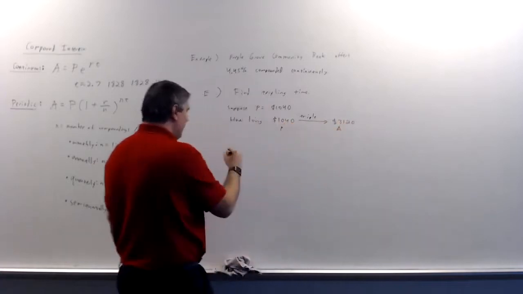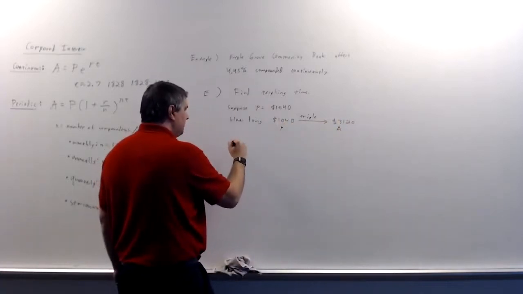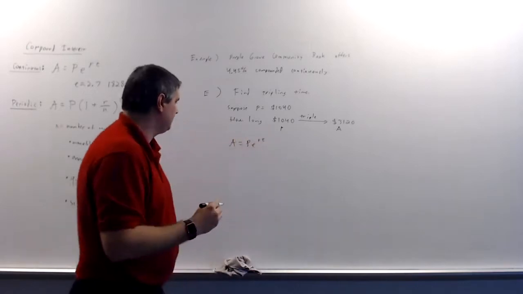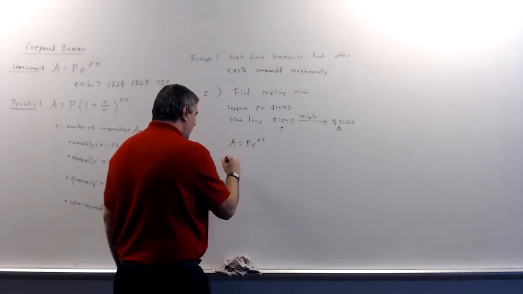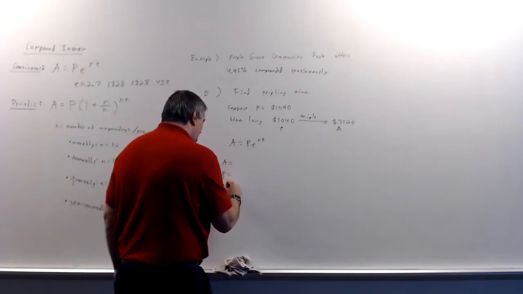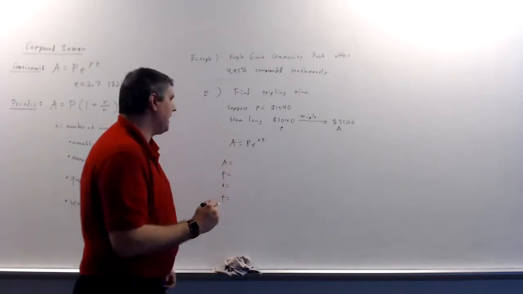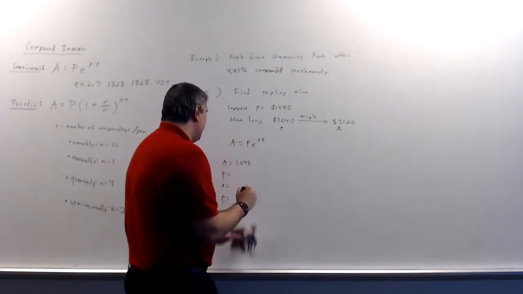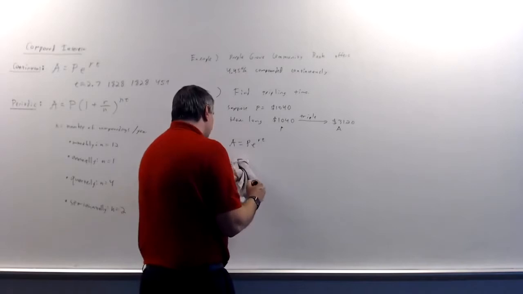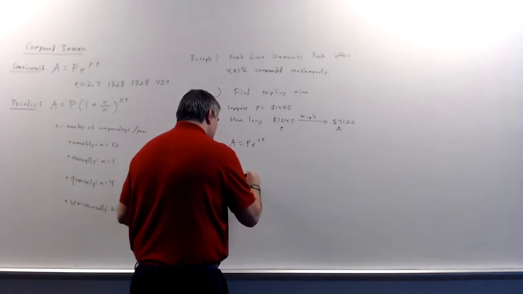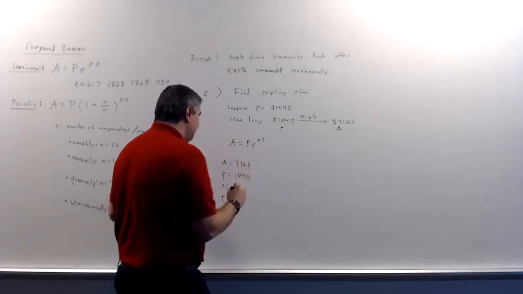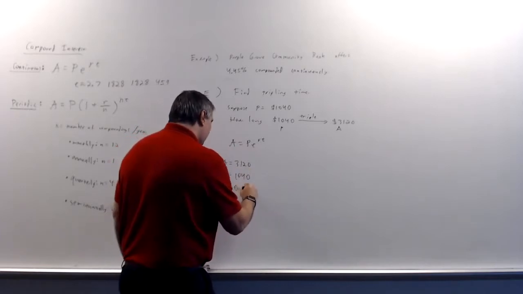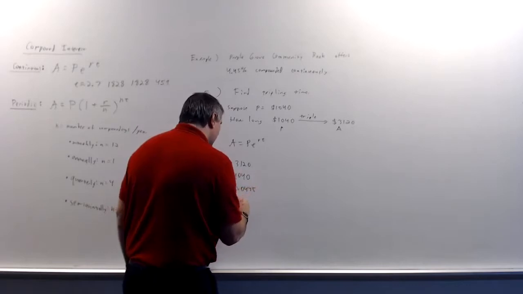If A equals Pe to the rt power, then A is 3120, P is 1040, the rate is still 0.0445, and t is unknown.